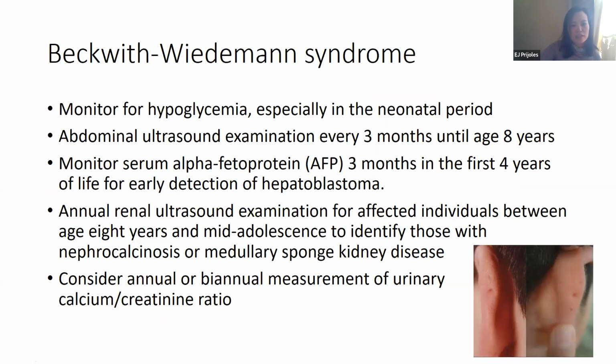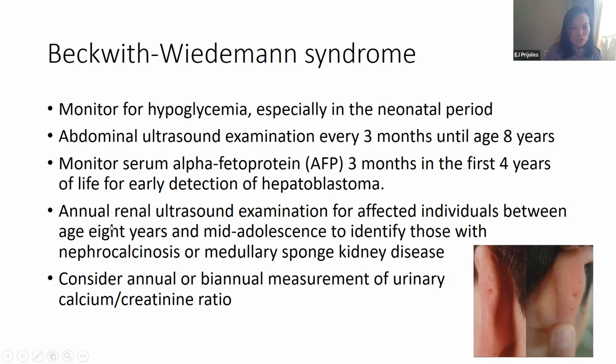And so for this condition, again, the macroglossia or abdominal wall defects may be the most characteristic features that you see. If you're concerned, you want to monitor for hypoglycemia, particularly in the neonatal period. Individuals with this condition are recommended ultrasounds every 3 months until age 8, and serum alpha fetoprotein levels every 3 months until age 4, due to the increased risk for embryonal tumors that include hepatoblastoma or Wilms tumor or neuroblastoma.